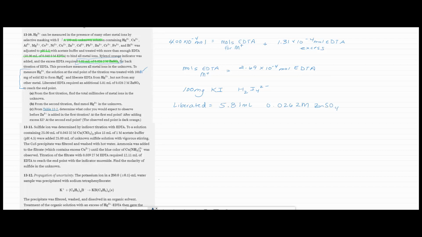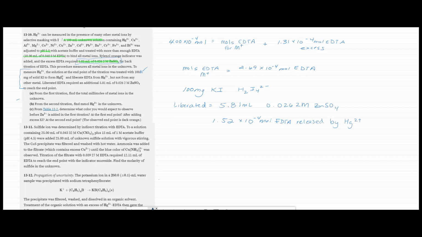So we find out how many moles of zinc sulfate that is, 0.0262, and I get 1.52 times 10 to the negative 4. So that is the number of moles of EDTA released by the mercury 2.